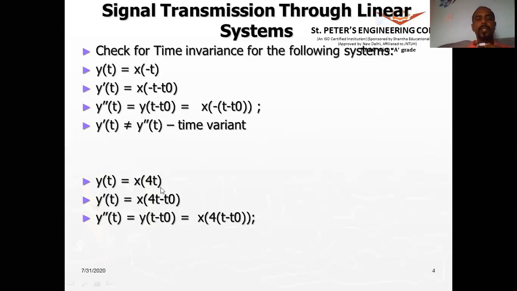You go to the y of t equation, replace t by t minus t naught. So you will get 4 into t minus t naught. So this is not the same as this. That means y dash of t is not equal to y double dash of t. So therefore this system is also time variant. It is not time invariant.